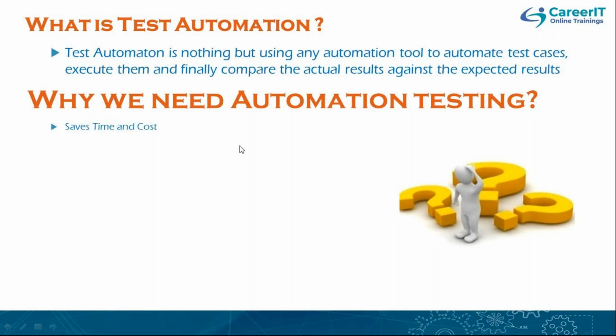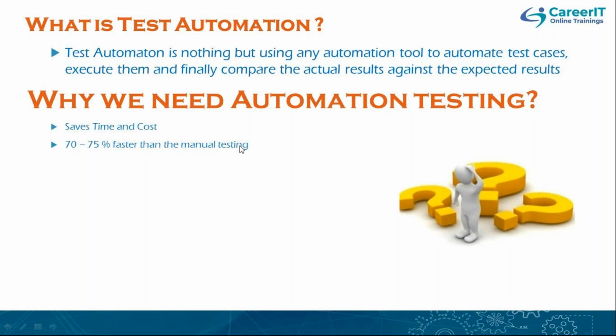Once you have automated your regression test cases, you don't need a large manual testing team. You can reduce the team from 5 to 2 or something like that. You can have one or two resources for manual testing and one resource for automation testing to perform regression testing every time. That's where cost is reduced, and it also saves a lot of time.